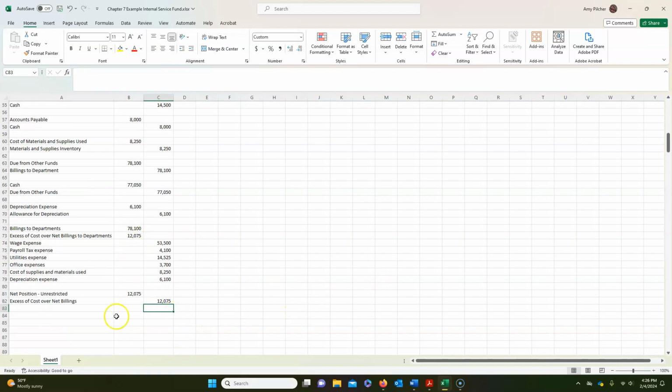And then we have our net position in capital assets.